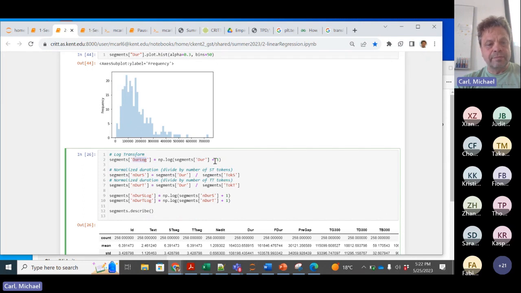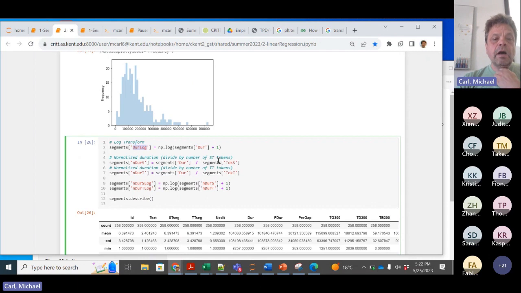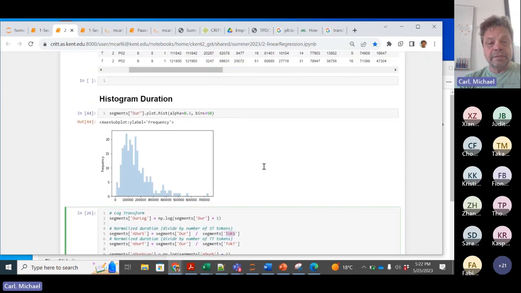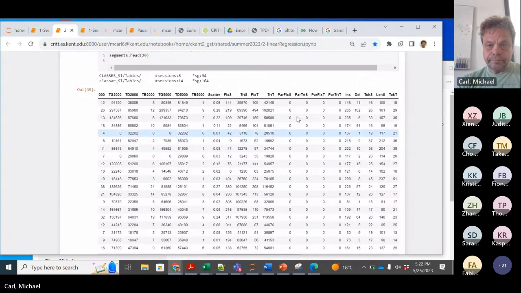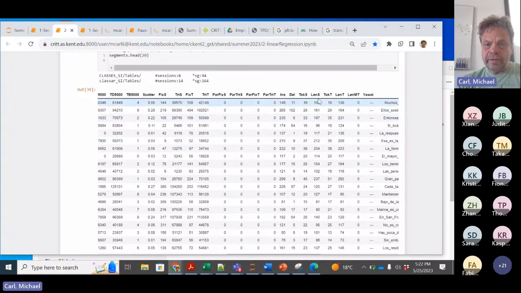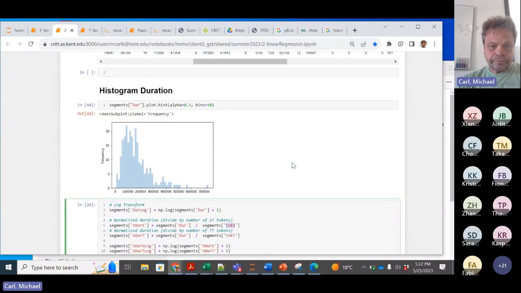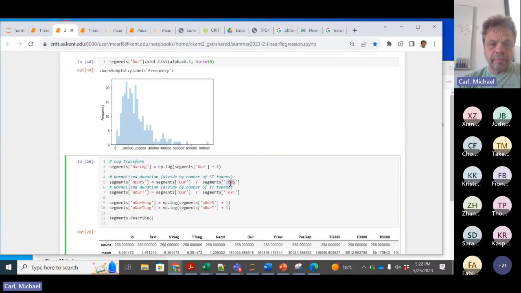If we log transform this, we will more likely see something more like an equal distribution of it. And then we can also normalize this by the number of tokens. Or we could even normalize this by the number of characters, right? So we also have the number of characters somewhere, length T, length S, right? But here we can normalize the data, because each text or each segment will have a different number of words.